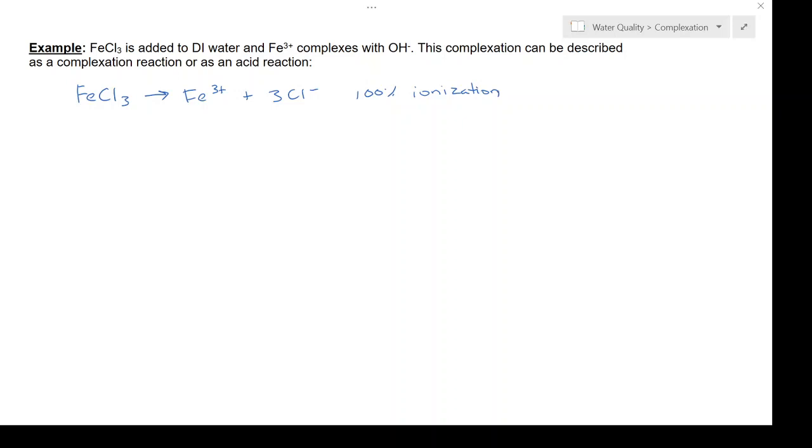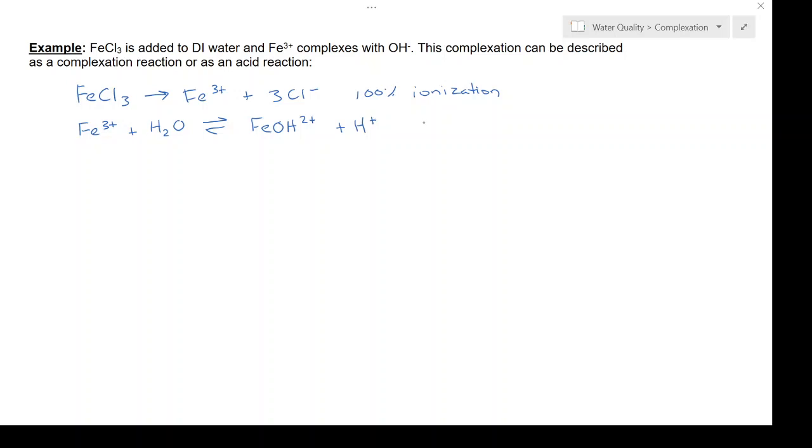Then ferric iron is going to react with water and form a complex with hydroxide. So I can show that as Fe3+. So it's essentially complexing with the hydroxide that's from water. And it forms FeOH2+ and releases a hydrogen ion, which makes this an acid reaction.